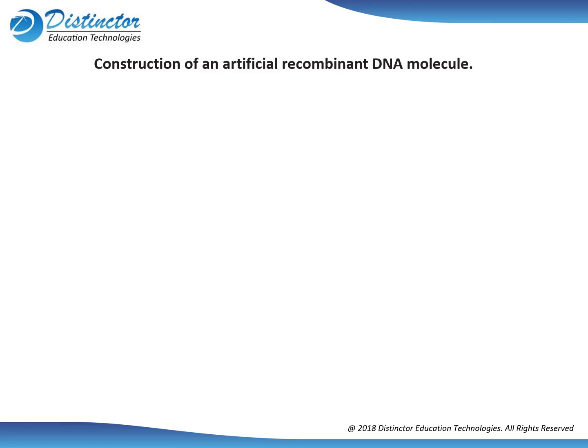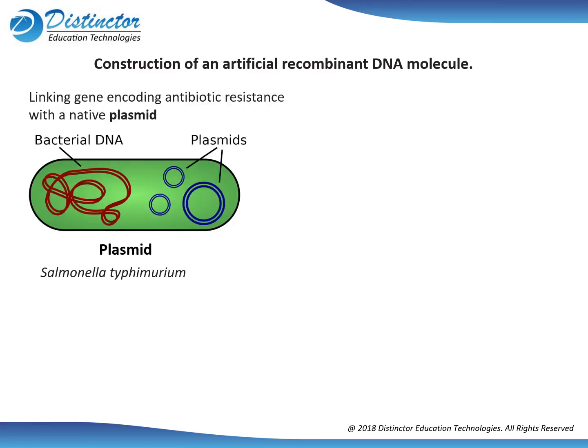Now we are going to see how we artificially construct a recombinant DNA molecule. The two scientists, Stanley Cohen and Herbert Boyer, tried to link a gene which encodes antibiotic resistance with a native plasmid of Salmonella typhimurium.